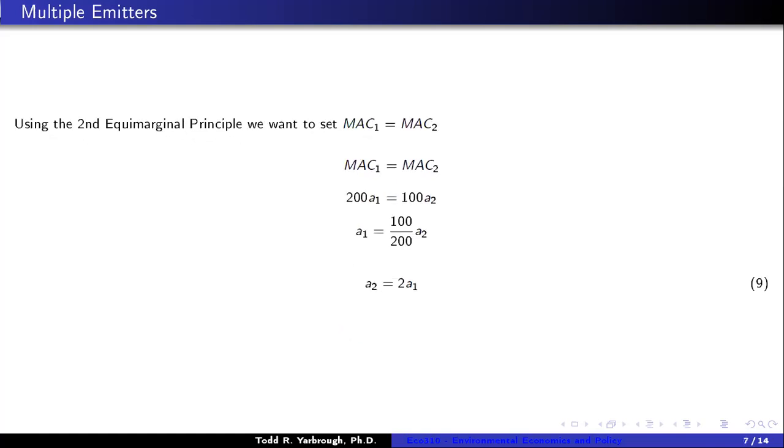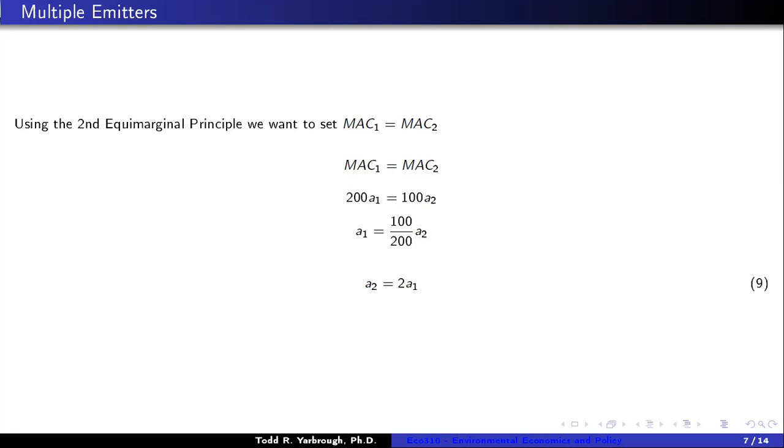Now, the second equimarginal principle tells us that the most cost-effective distribution of any activity across multiple entities is going to be found by setting the marginal cost across the multiple entities equal, meaning that the cost-effective level of abatement for each firm is going to be found where the marginal abatement cost for each firm is equalized. This gives us a very simple mathematical technique to find the cost-effective level of abatement. So let's do that.